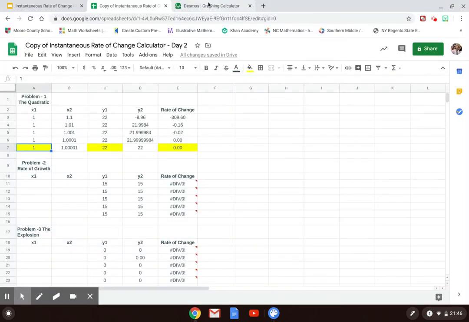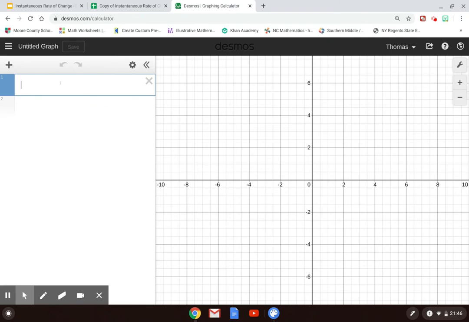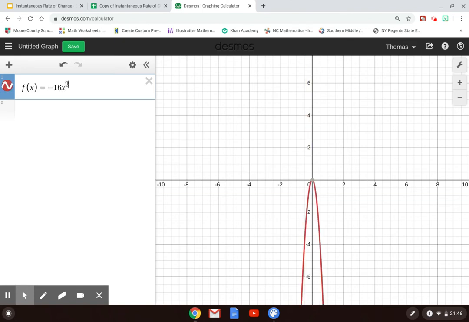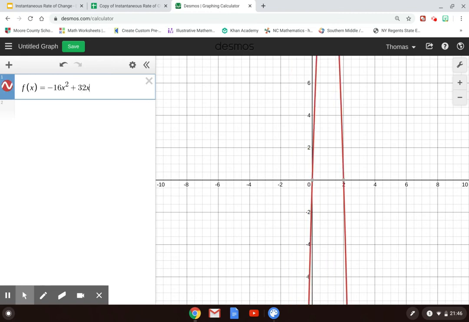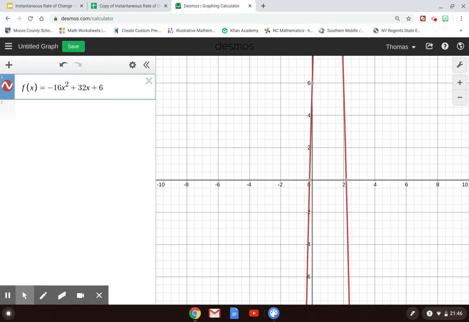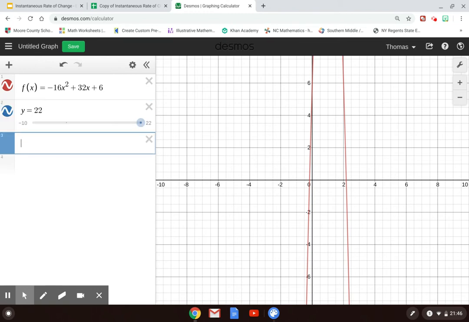So I would come over here to Desmos, and I'm going to graph the function, which is f of x equals negative 16x squared plus 32x plus 6. And then my other answer, y equals 22. There's my tangent line.